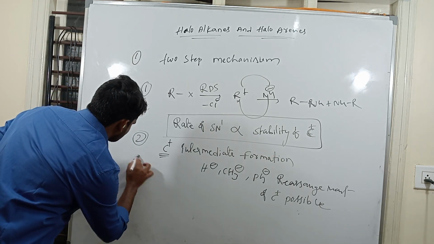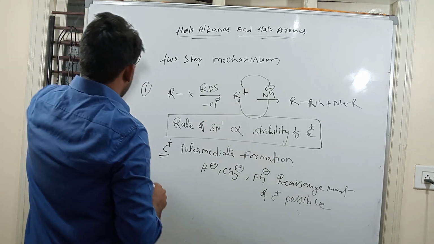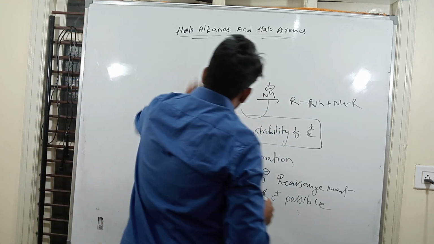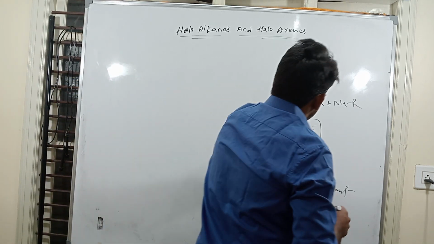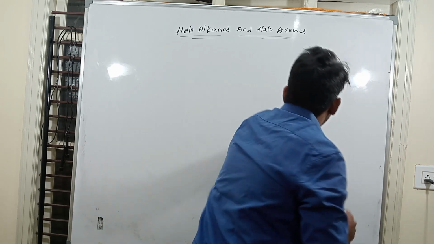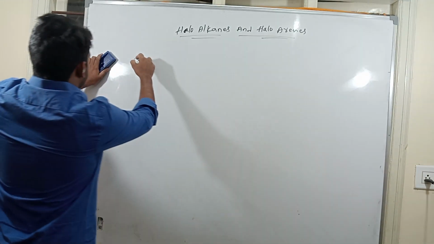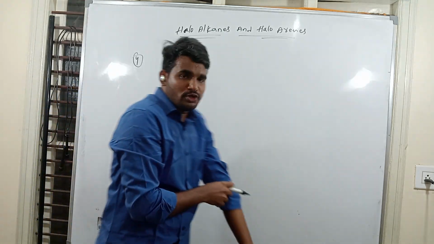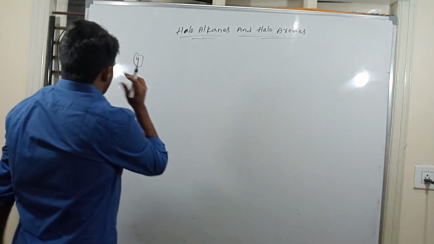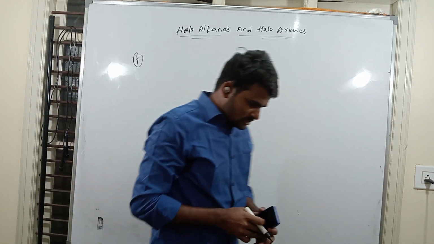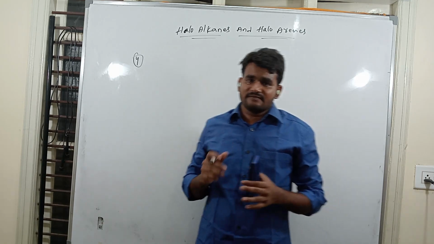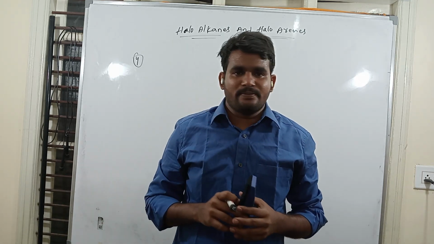What is the fourth point? What is the rate of the reaction? Why is it called a unimolecular reaction? According to chemical kinetics, the rate of the reaction depends upon the rate determining step.